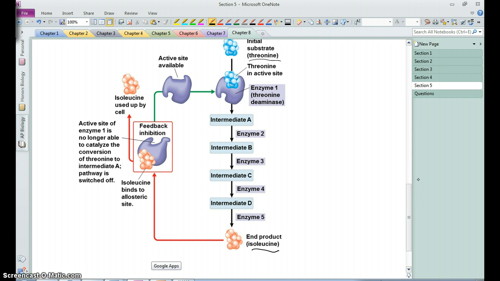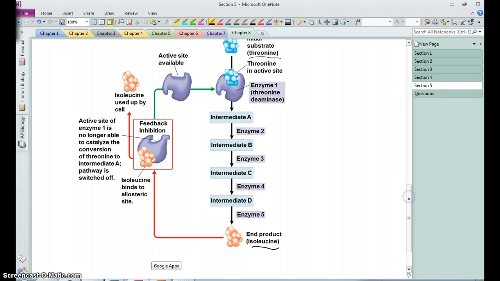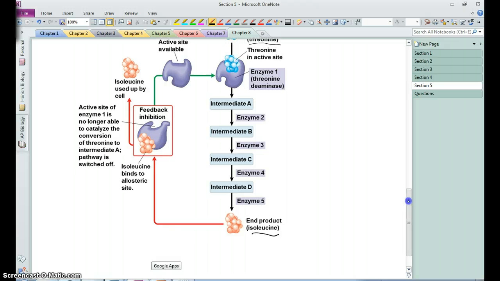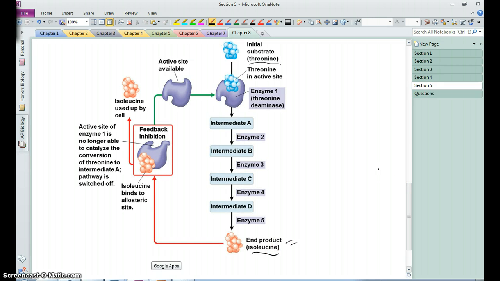Okay, so let's say you have converted a lot of the threonine into isoleucine, so now you have lots of isoleucine present. Well, it would probably make sense that if you've got a lot of the product present, you don't need to make as much anymore. So what can happen is the product can serve as a feedback inhibitor of an enzyme, a protein, earlier in the process.